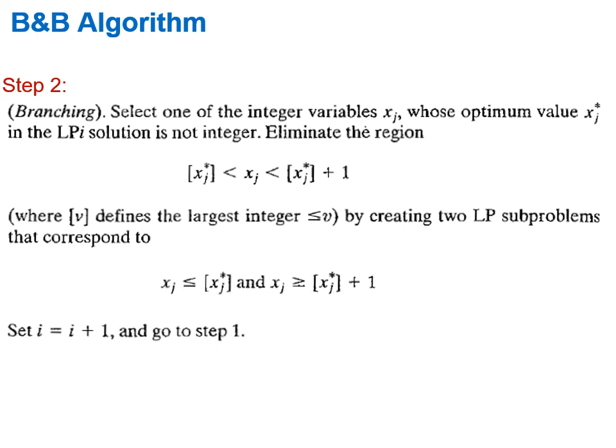You only consider the integer variables. Never branch a continuous variable, only branch integer variables. That's it. These are the steps of the algorithm. We will solve examples on the branch and bound algorithm and also learn how to implement it when we have binary decision variables in our next lecture.